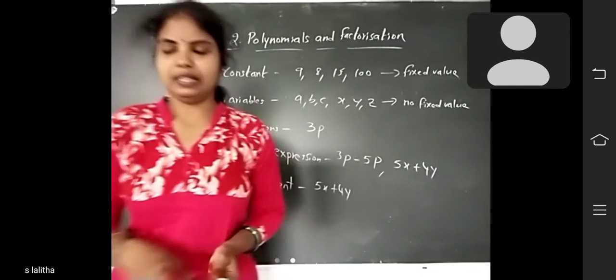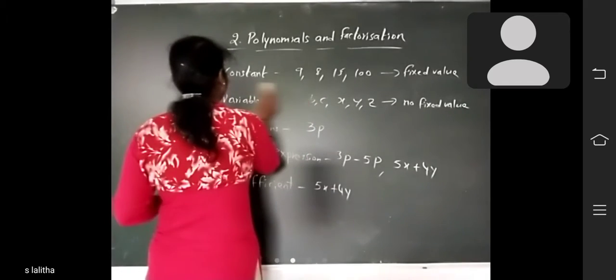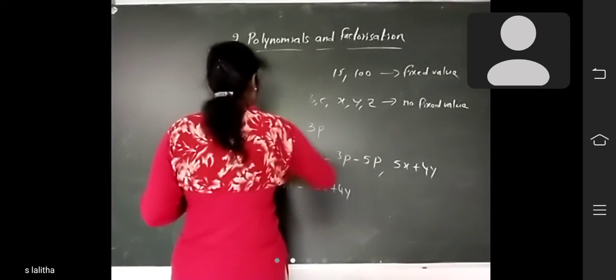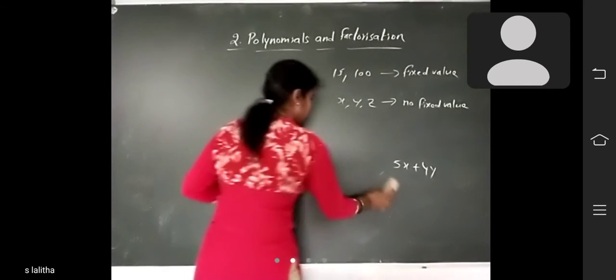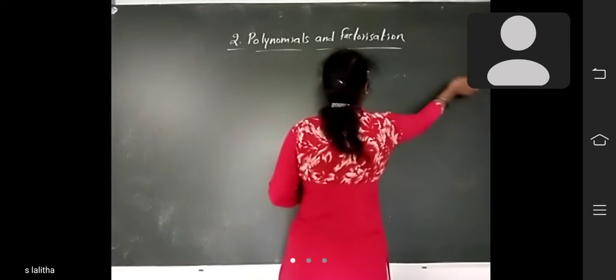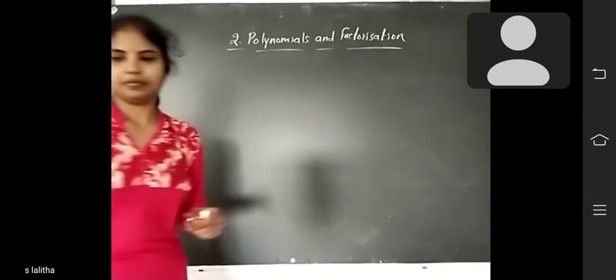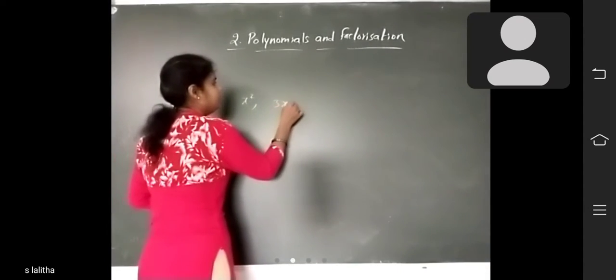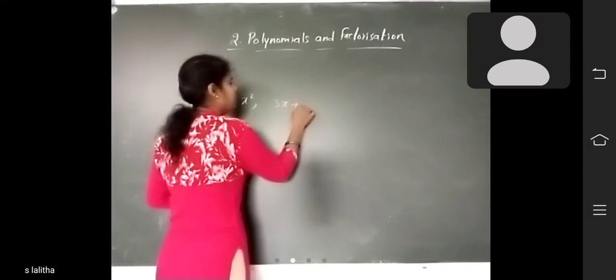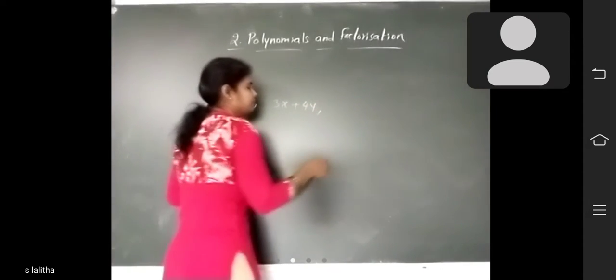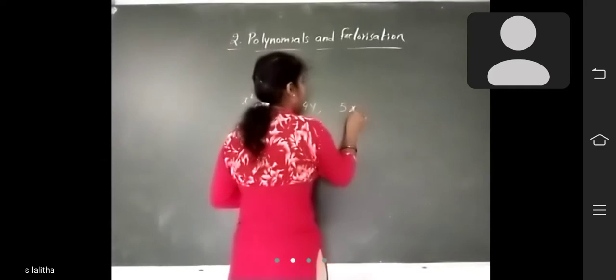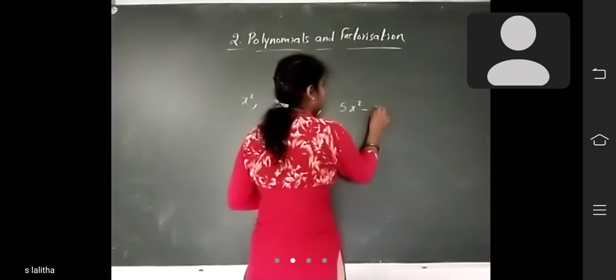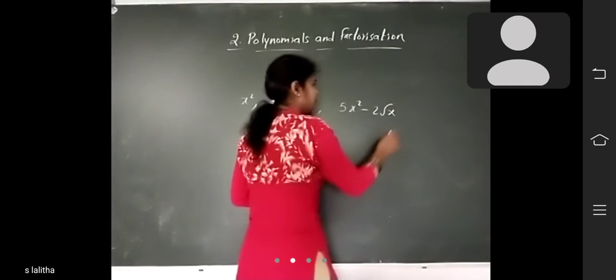Next. Now we are going to our topic, polynomials. What are called polynomials, children? Suppose I am writing some algebraic expressions. See, children: x square, 3x plus 4y, 5x square minus 2 root x.